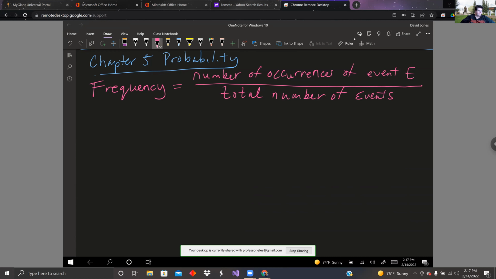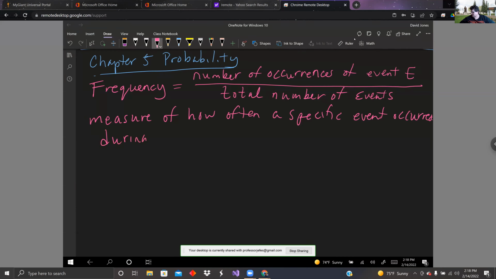So that's frequency, and frequency is a measure of how often a specific event occurred during a unit of time, like how many people crossed through this intersection, or in a certain number of trials or events.